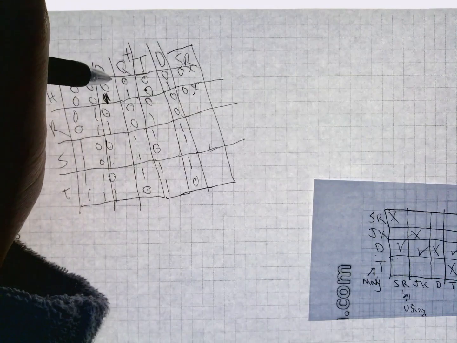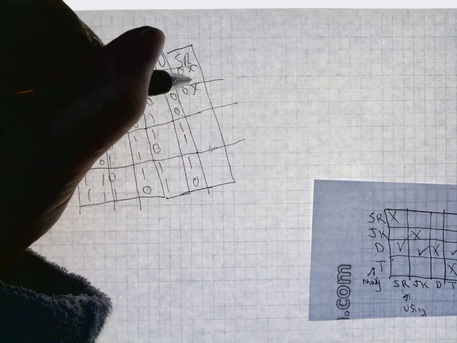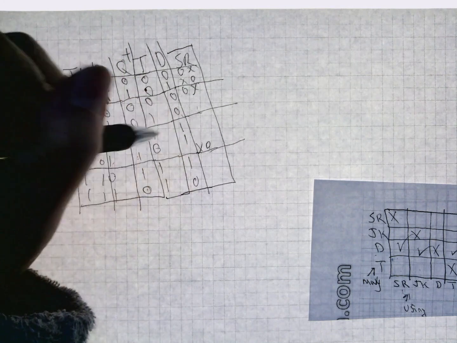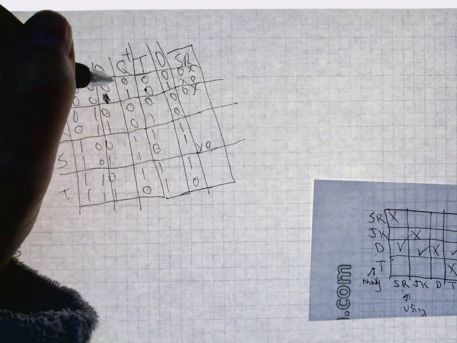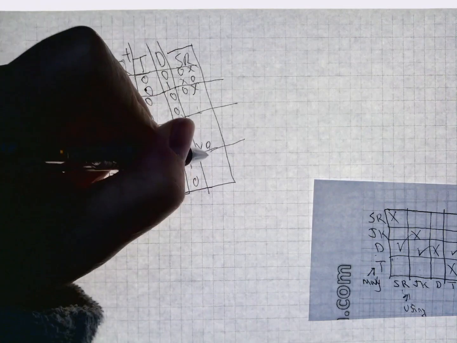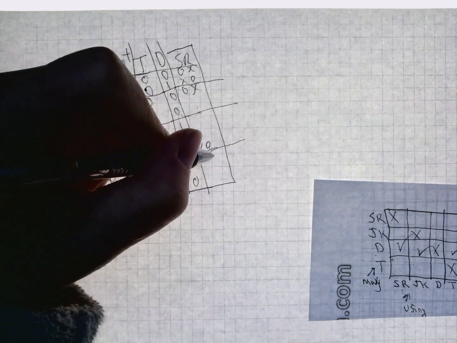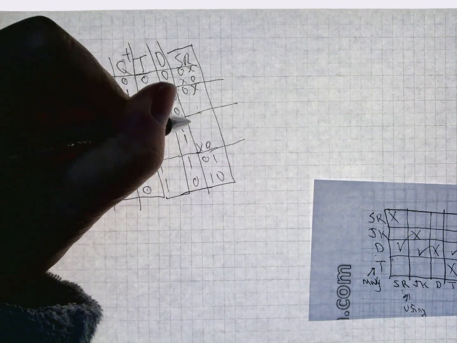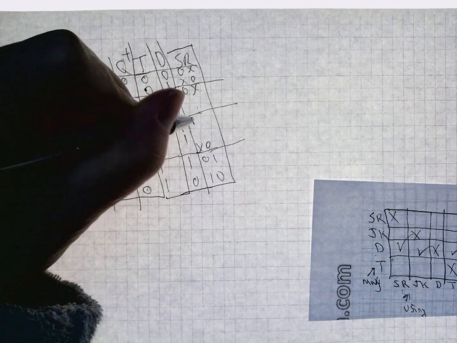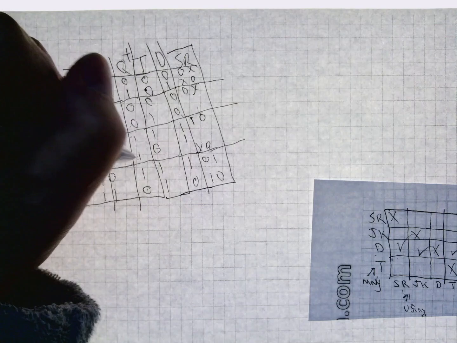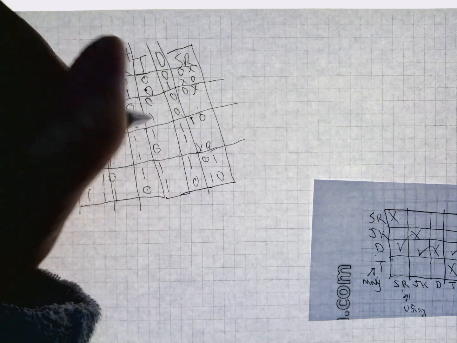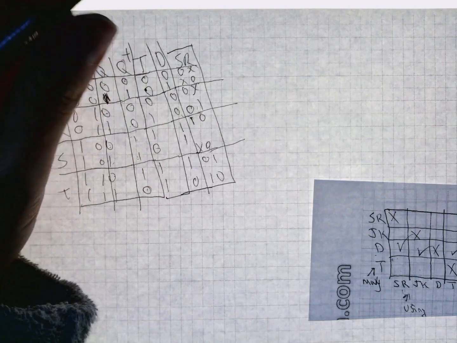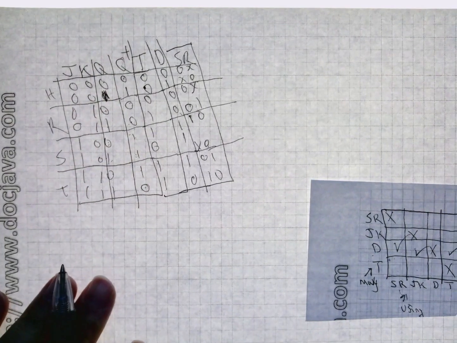And when the inputs don't change and it's 1, 1, it's X0. And when you want to do a set, it's 0, 1, or 1, 0 if you want to reset. And this is going to be a set operation. And this is going to be a reset operation. And I think that gives you all of the different combinations for the SR.